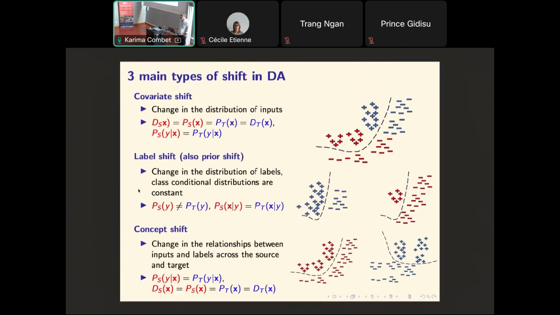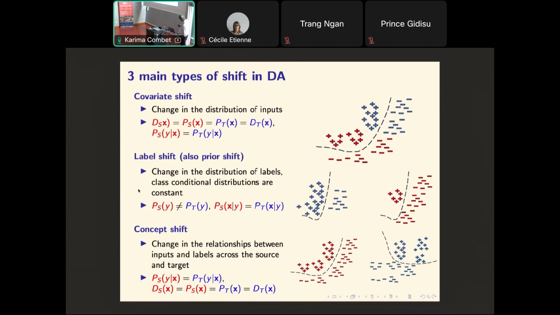One word about the different shifts that we can observe, because here in the setting we assume that the two distributions are different. So what are the possible shifts? I put the three main shifts, but actually other settings exist. The first one is covariate shift, which is the simplest. Sorry, I have a typo here.